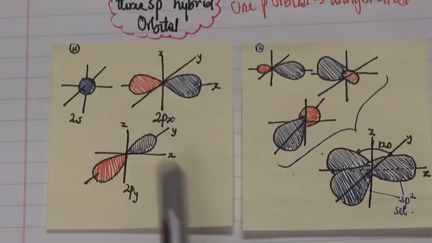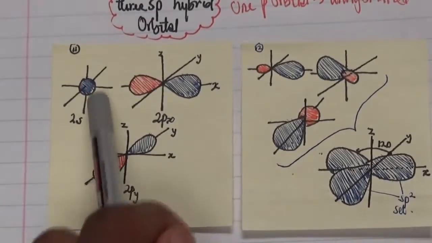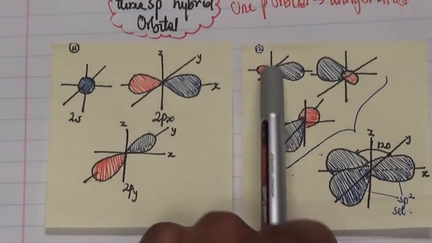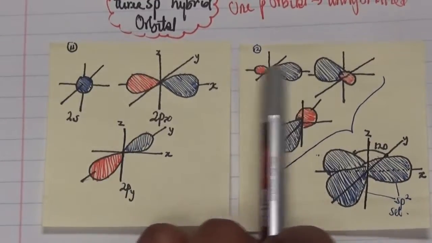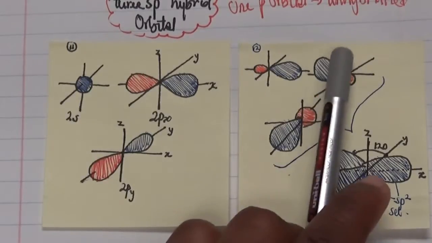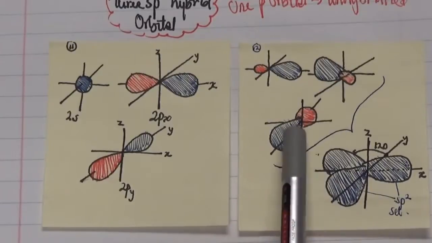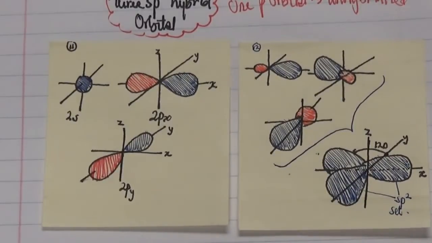If you note here, we have 3 atomic orbitals being hybridized to form 3 hybridized orbitals. So this is hybridized 1, which is located on the x-axis. The next is located between planes, and the last one is located on the opposite side or in the mirror image side of the other plane.